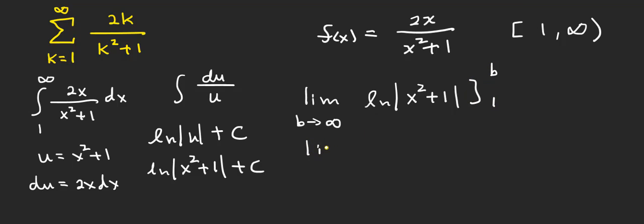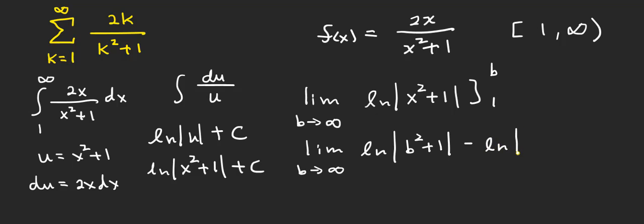So this becomes the limit as b goes to infinity of natural log of the absolute value of b squared plus 1 minus natural log of the absolute value of 2. So what happens as b goes to infinity? This goes to infinity. And what is natural log of infinity? Well, it approaches infinity. So it will be infinity minus natural log of 2. And infinity minus a constant is still infinity.